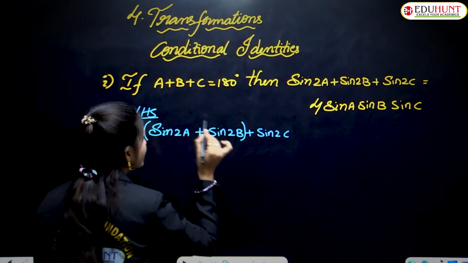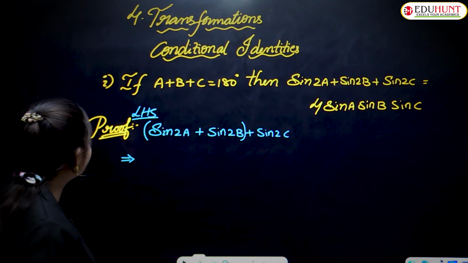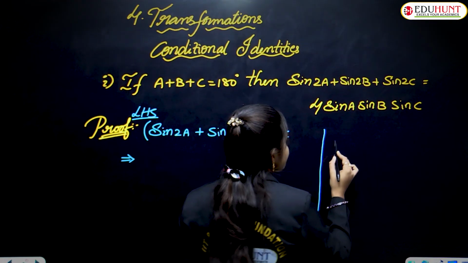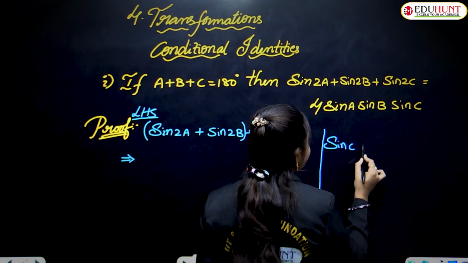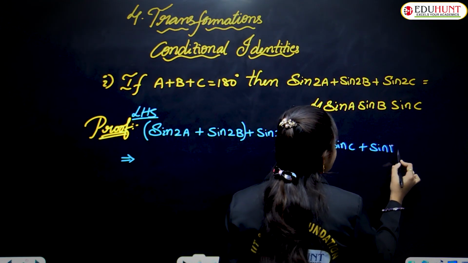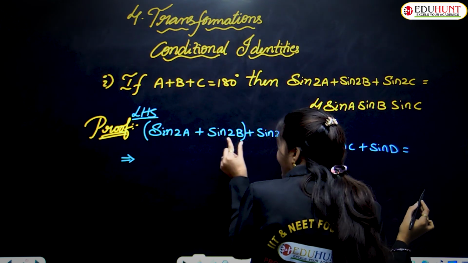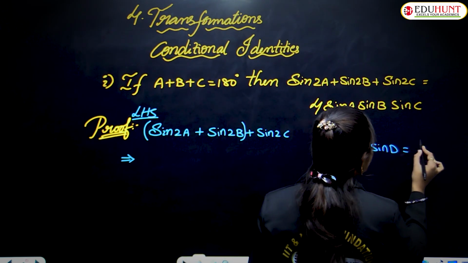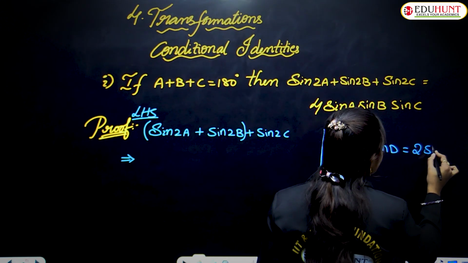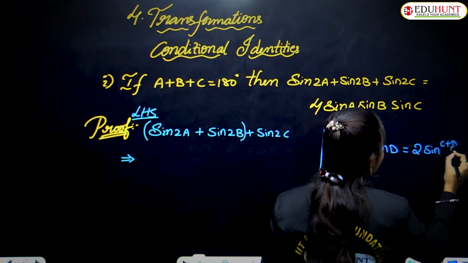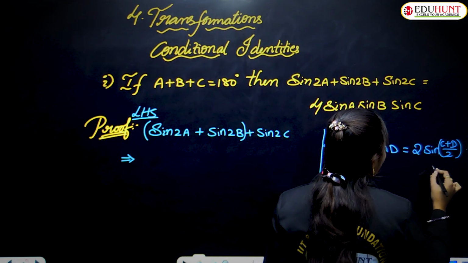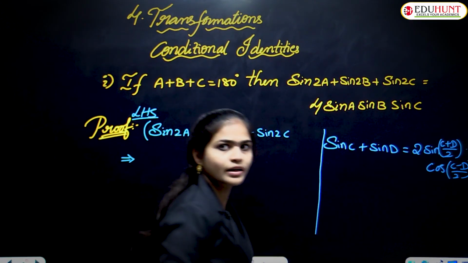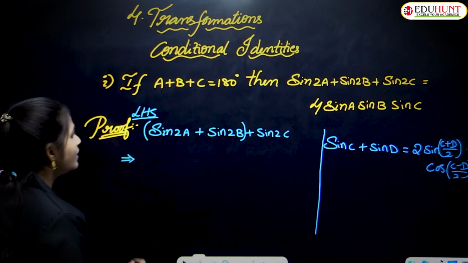That is in the form of sin C plus sin D. Sin C plus sin D is equal to 2 sin of (C plus D) by 2 into cos of (C minus D) by 2. So apply the same formula here.